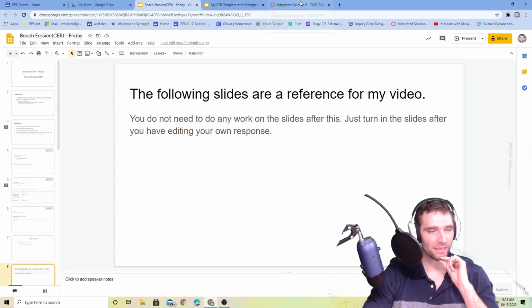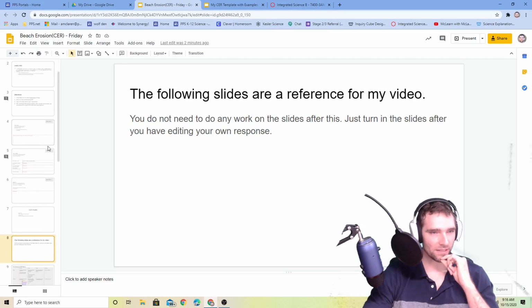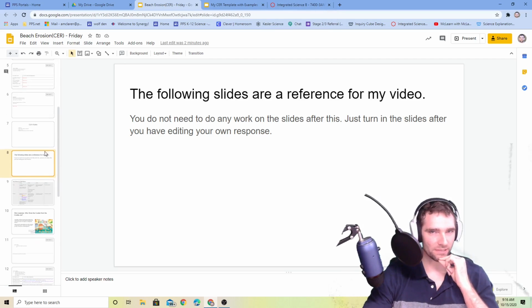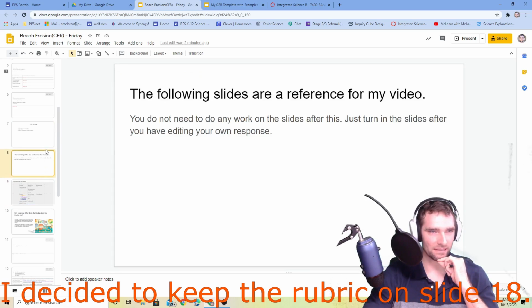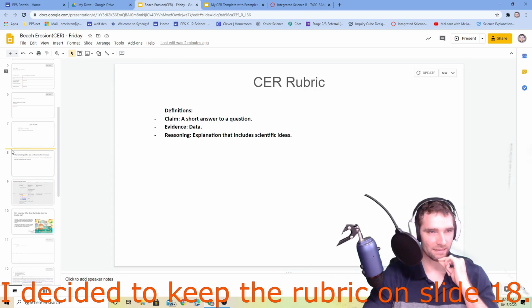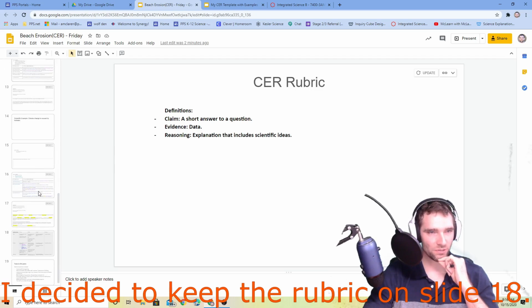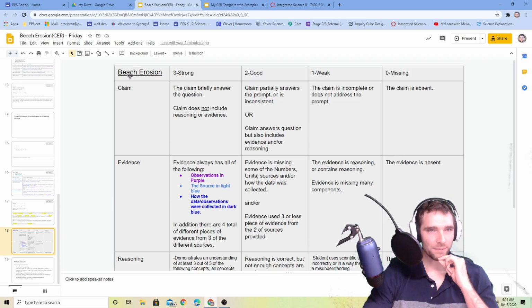I know in Canvas, you can have the rubric straight on Canvas. I'll try to have it there, and I'll try and also maybe insert it before we go into this silly non-example. It might be in between slide 7 and 8, but it should say beach erosion. Okay, this is the beach erosion CER rubric.